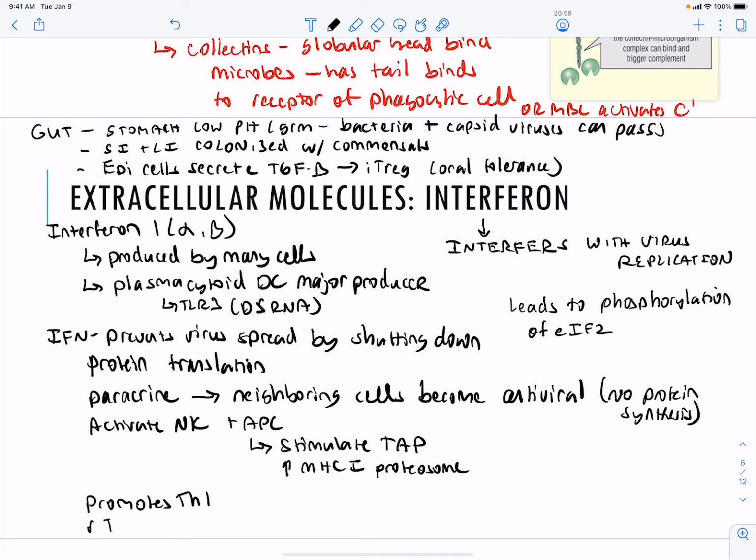Recombinant interferon alpha was used to treat hepatitis C virus infections. The R stands for recombinant because it was made in a lab. It can also be used for treatment of some cancers such as chronic myeloid leukemia.